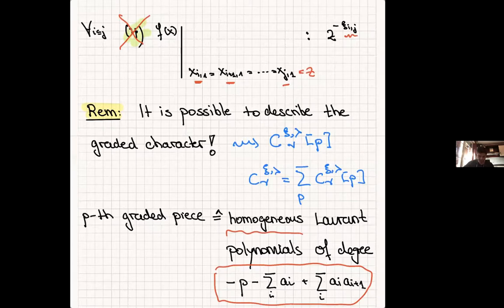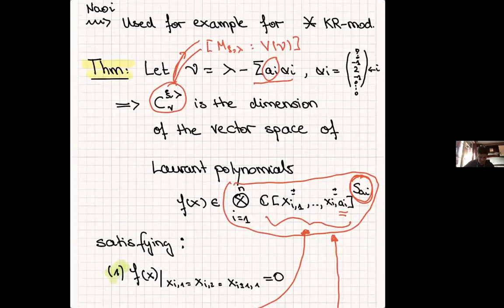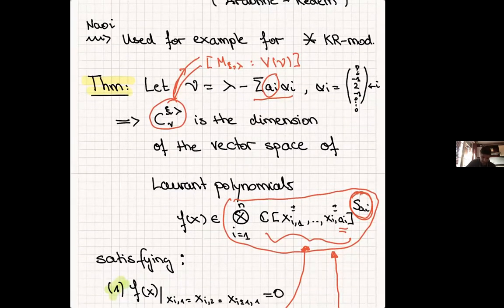Okay, let me take another color here. So if I want to calculate this with a p, then all I have to do is I take homogeneous Laurent polynomials of degree minus p minus summation ai plus summation ai plus 1. And if I count this, then I will get the graded decomposition of that.